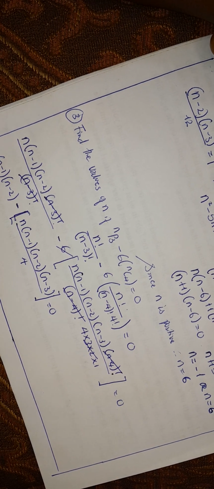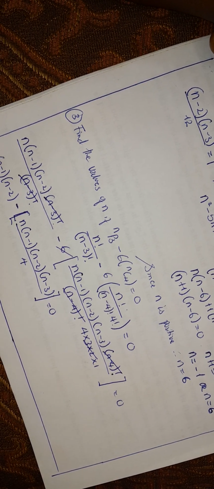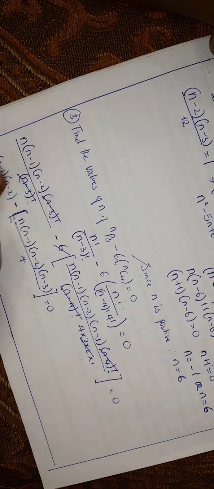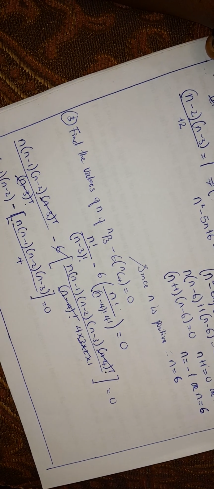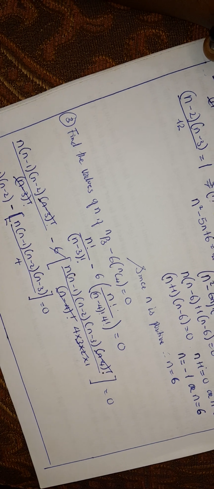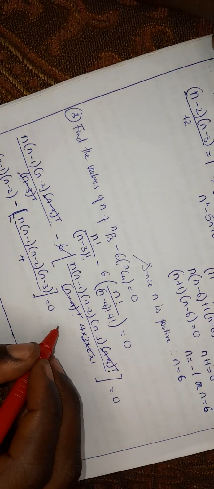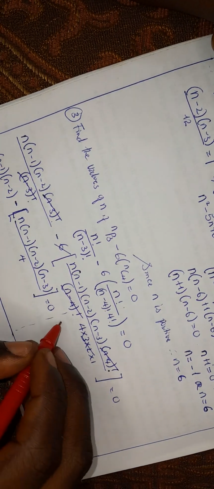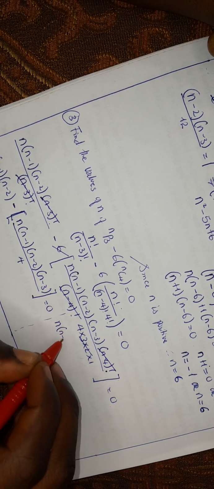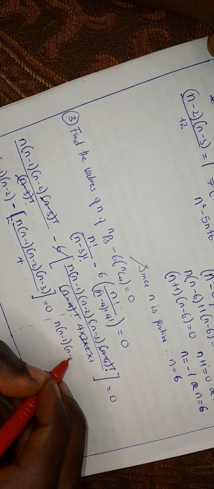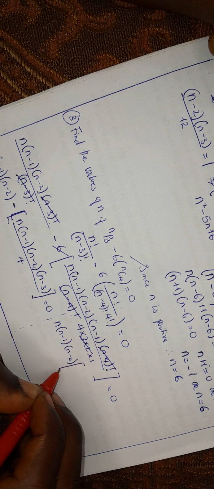So what I'm going to do now is factorize what is common between those two. What is common is (n minus 1)(n minus 2). So I open the big brackets.